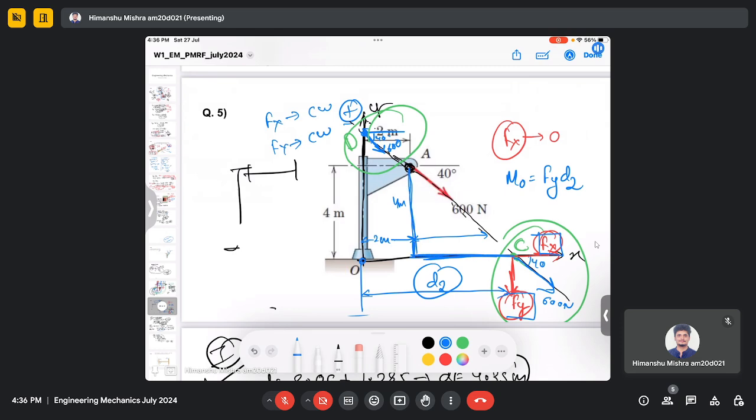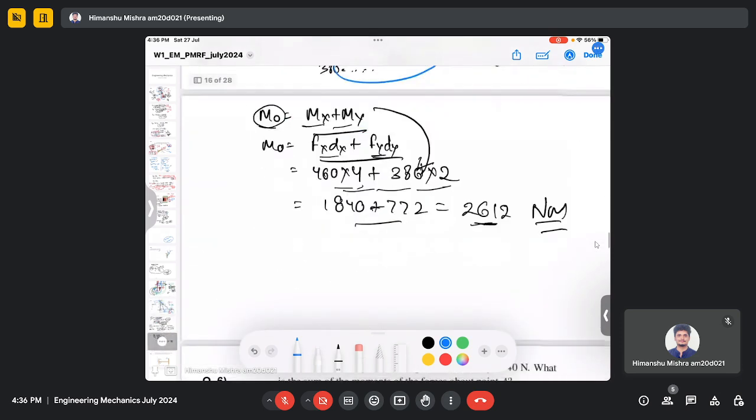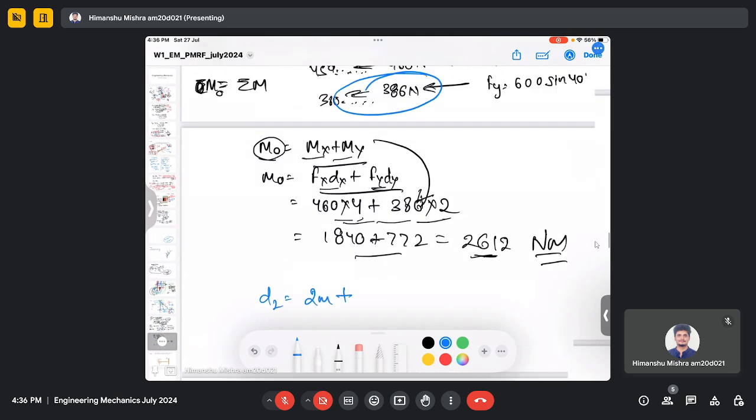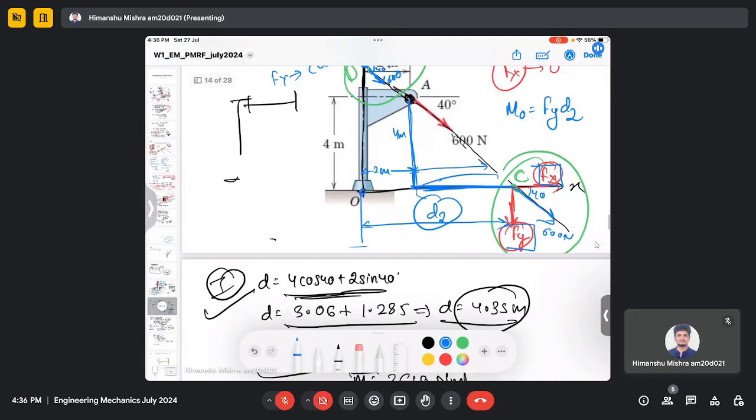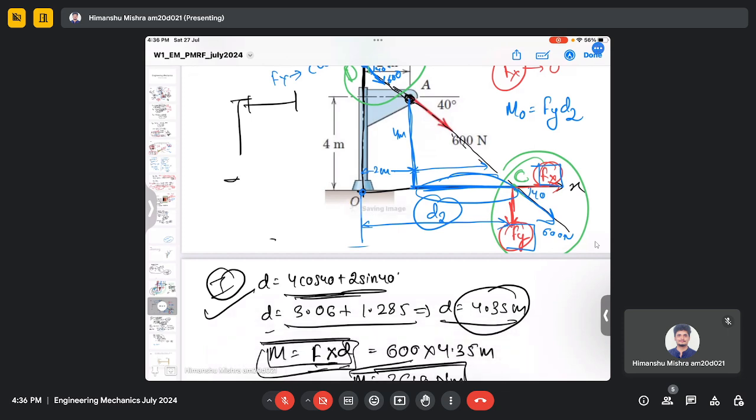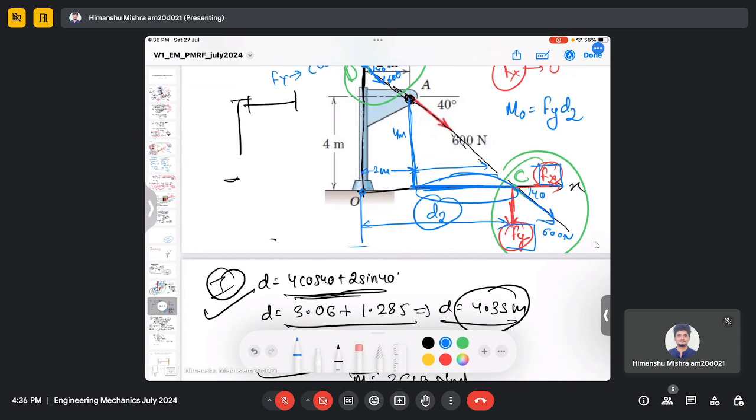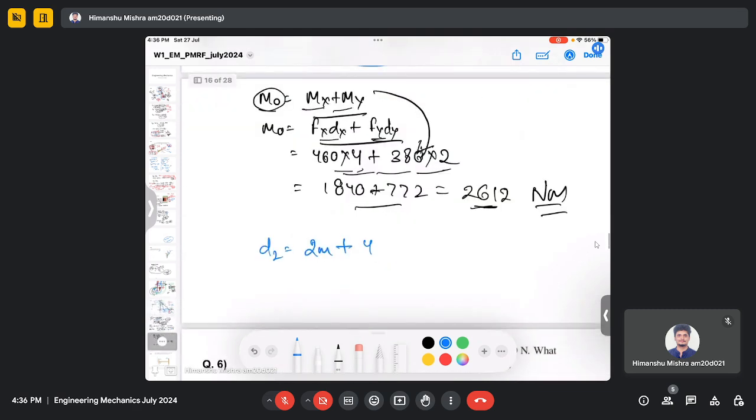We can easily use the trigonometry rule. So d2 will be 2 meter plus this distance, which can be given by 4 cot 40. This is angle 40. So 2 meter plus 4 cot 40. When you calculate, you will get d2 as 6.77 meter.